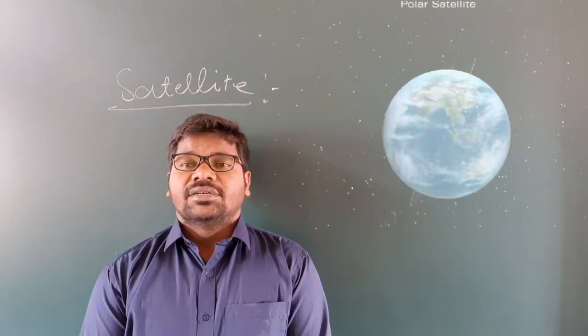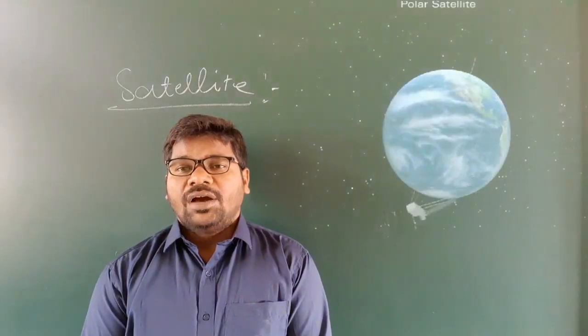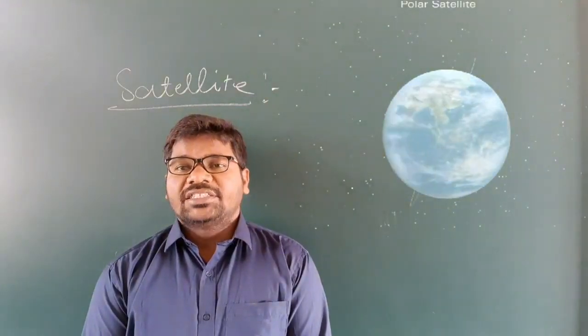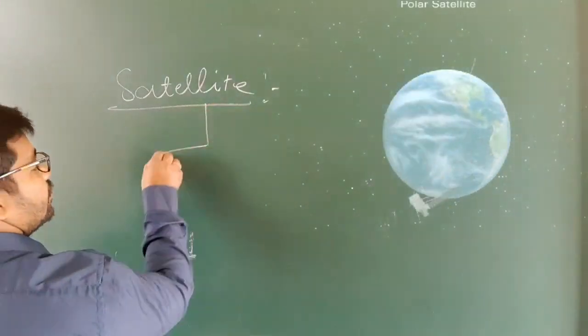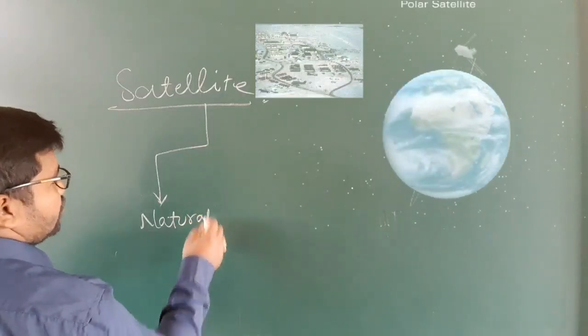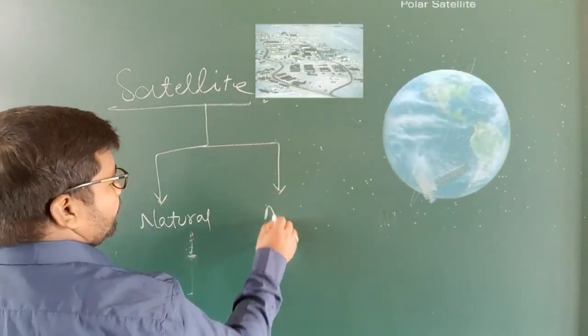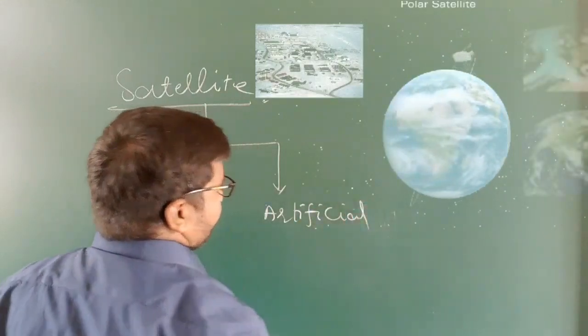Now, satellites are of two types: natural satellites and artificial satellites.